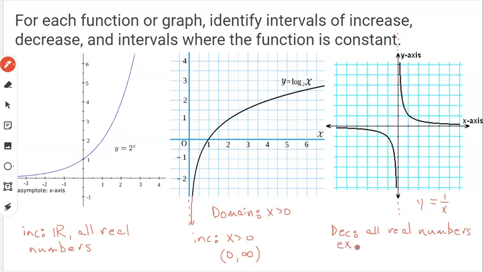Except x equals 0, because that's where the vertical asymptote is, right? It's never increasing. It's never going up as you move from left to right. It's always decreasing. So that's going to be the reciprocal function, y equals 1 over x. It has that vertical asymptote at x equals 0, and that's the only place where the function is not defined on the y-axis.